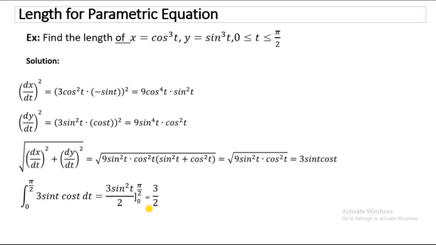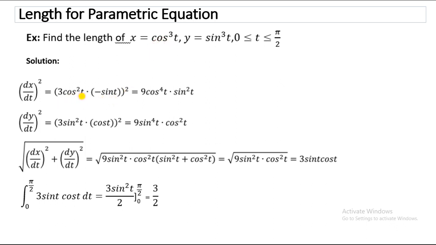Example: find the length of x equals cosine cubed t, y equals sine cubed t, t from 0 to pi over 2. Solution. I want to differentiate x with respect to t. dx over dt equals 3 cosine squared t multiplied by the derivative of cosine, which is minus sine.